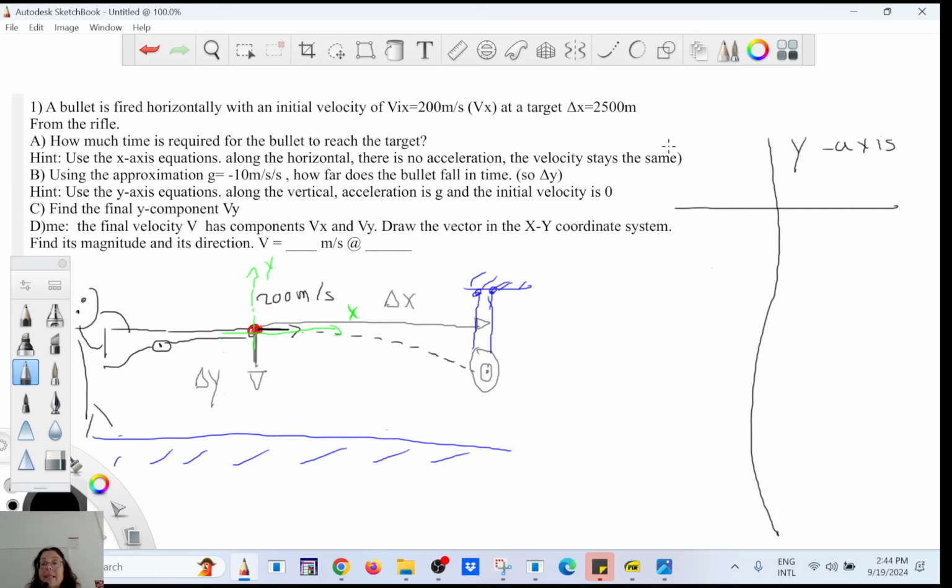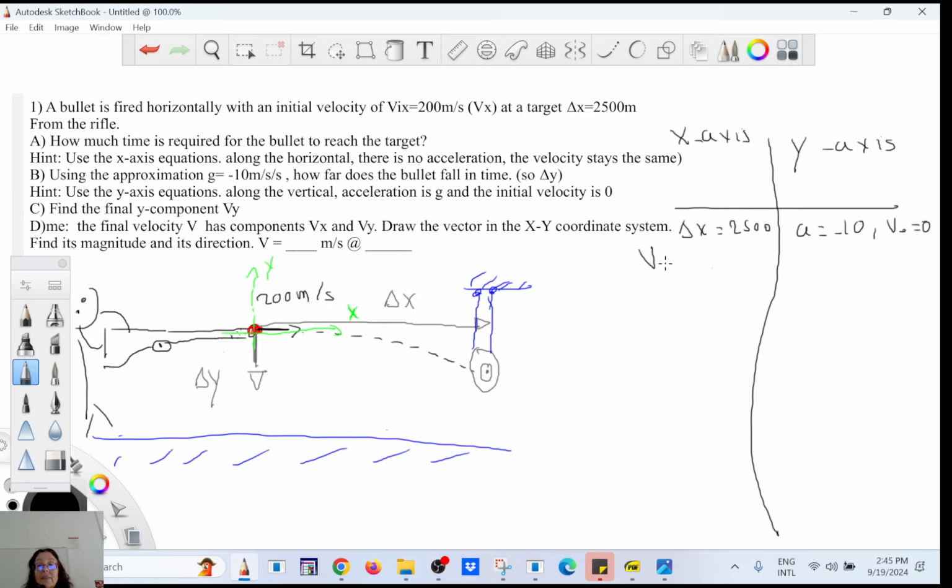Y-axis, x-axis. So acceleration is minus 10. Initial velocity is 0 because the gun, it's a powder here, it's going to push along the horizontal. It's not going to push it down. And what else do we know? Delta x here equals 2500. That velocity here, where does it go? X or Y? X, okay?